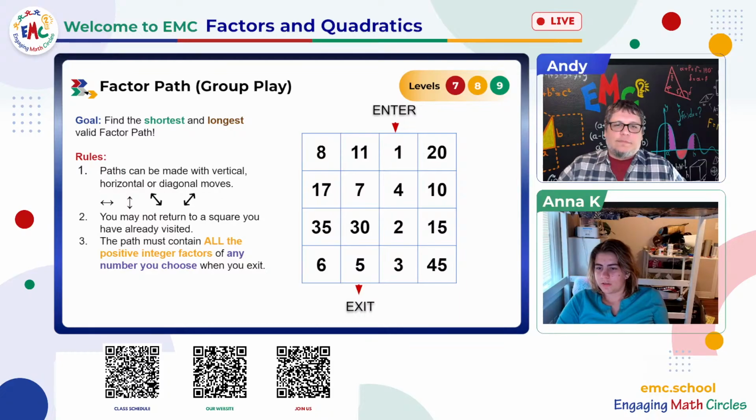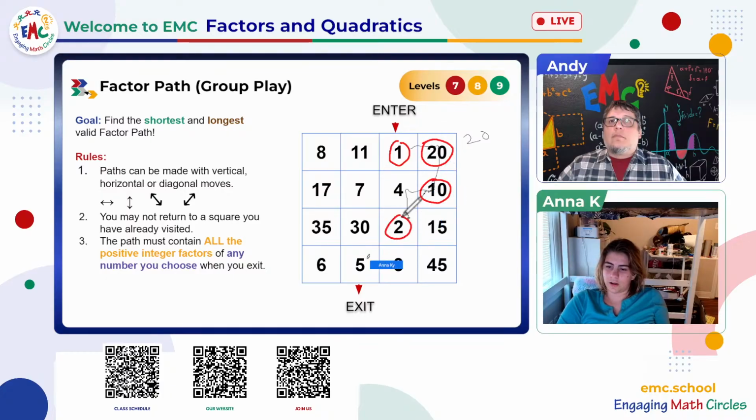We can do the number 20: 1 and 20, 4 with 5, 10 with 2, and that gets us to the answer. That is one of the possible paths. How long is that one? 1, 2, 3, 4, 5, 6. That's 6 long. Is it the longest, though? Is there another one that's longer? What else do you see?